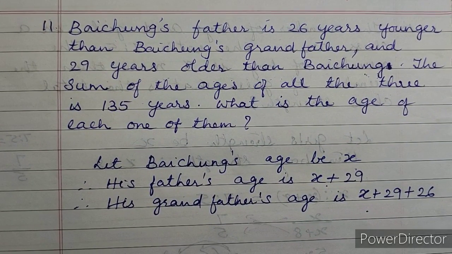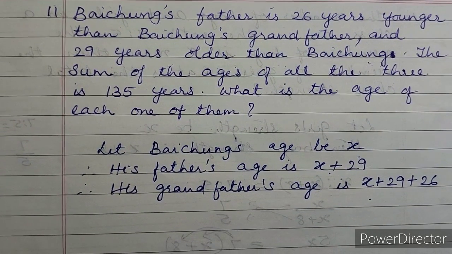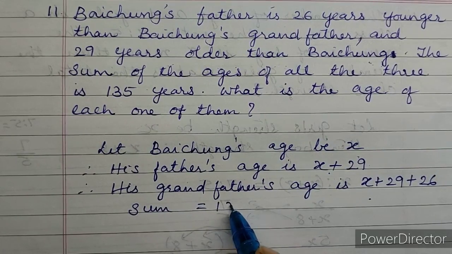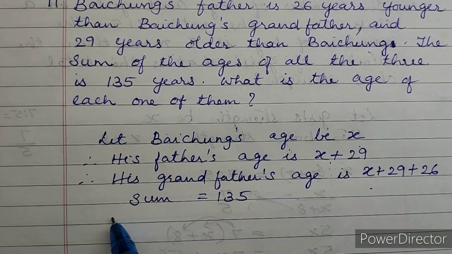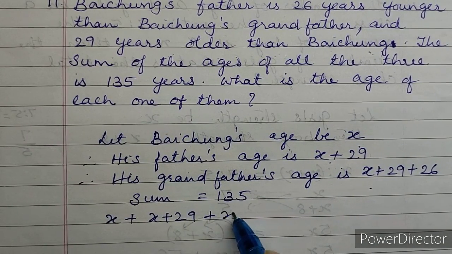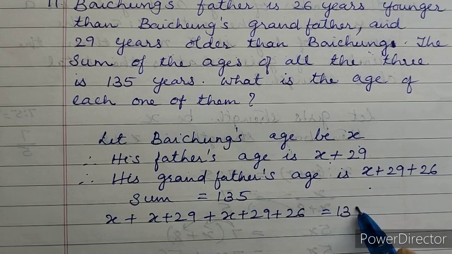Now what is given? Sum of the ages of all the three is 135 years. So all the three you have to add. So that means x plus x plus 29 plus x plus 29 plus 26 equals 135.